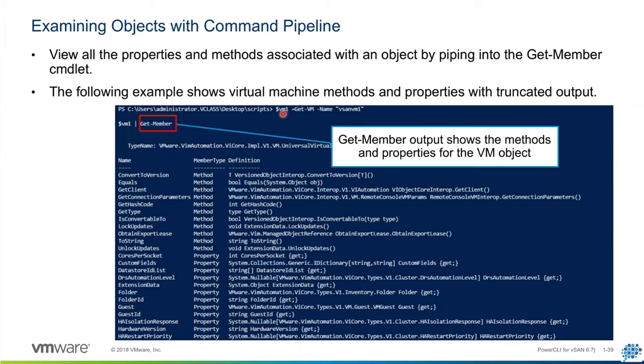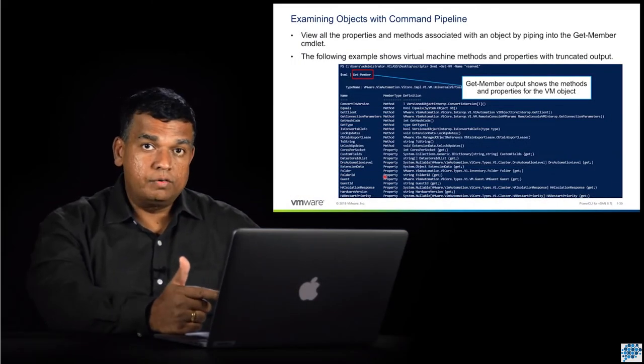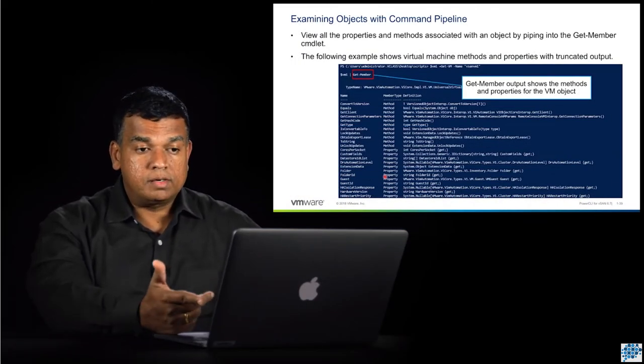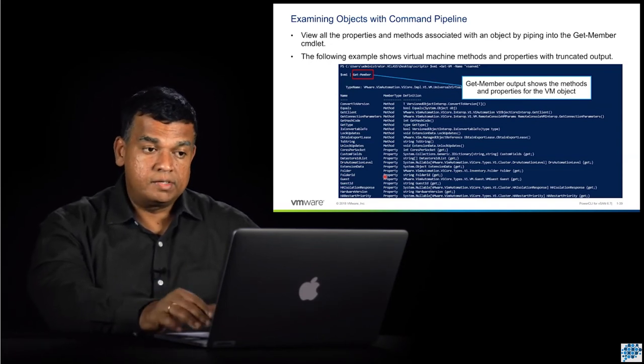So $VM1 contains a virtual machine object. Now using the pipeline, I pipe the virtual machine object into Get-Member. When you run Get-Member, you'll see a large number of methods and properties which are associated with the virtual machine object. In the coming slides, we'll see the importance of these properties and methods.